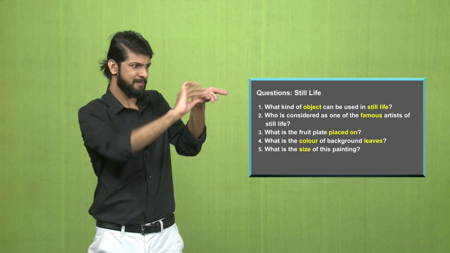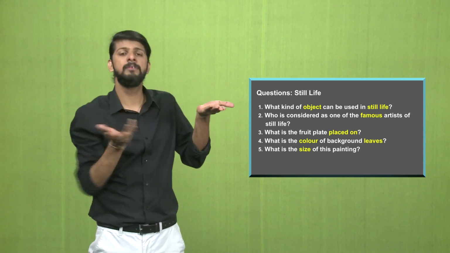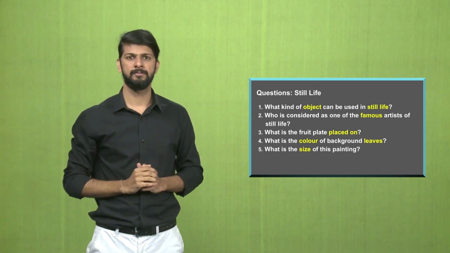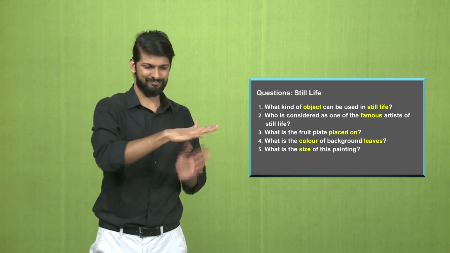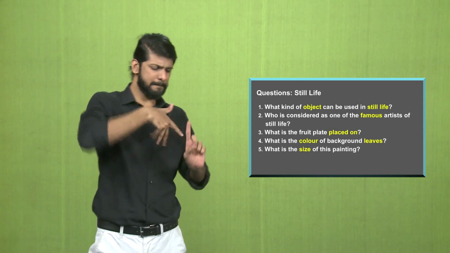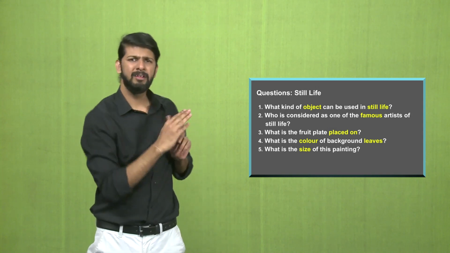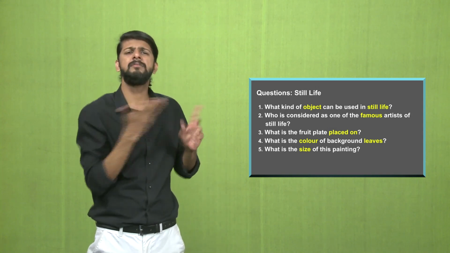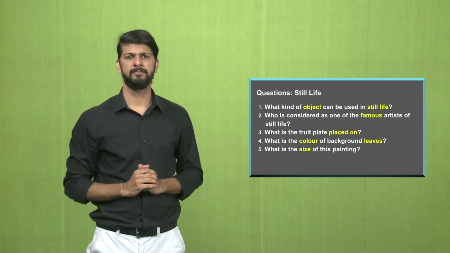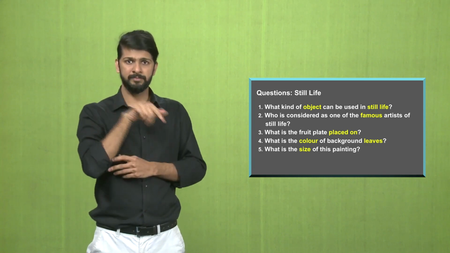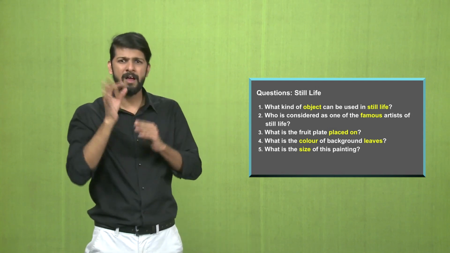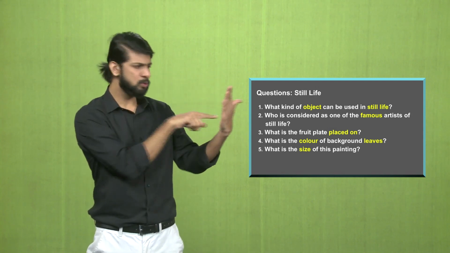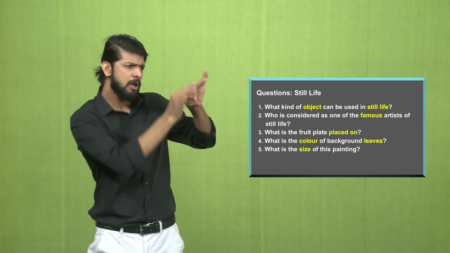What is the fruit plate placed on? Question number 4. What is the color of background leaves? Question number 5. What is the size of this painting?